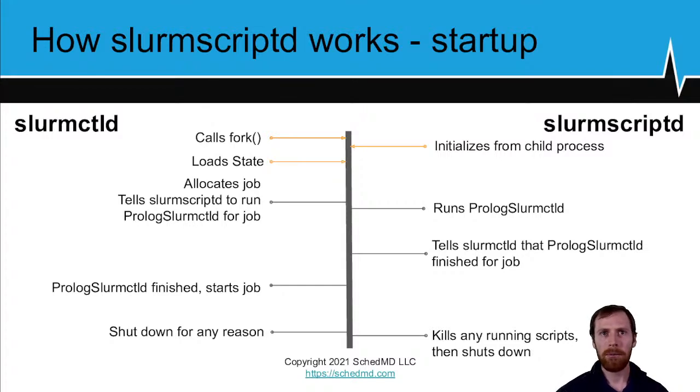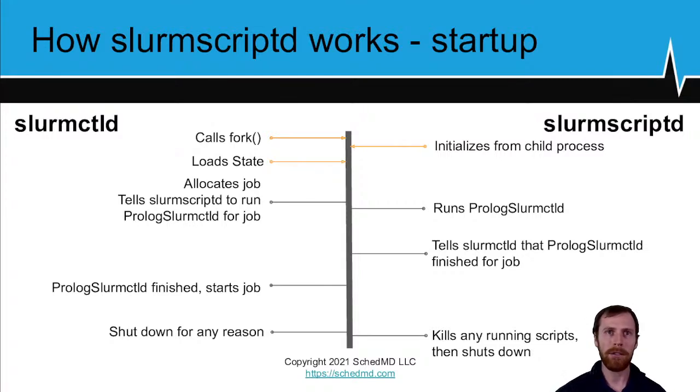By doing this, we can call fork with minimal memory, and that way slurmscriptd just has that very minimal memory footprint, so that when slurmscriptd later calls fork to run a script, it'll be a lot faster. In addition, it means that slurmcontrolD doesn't have to call fork.